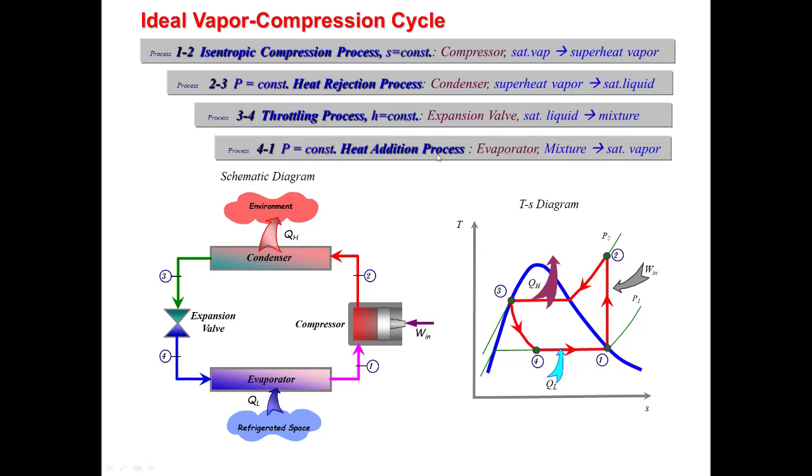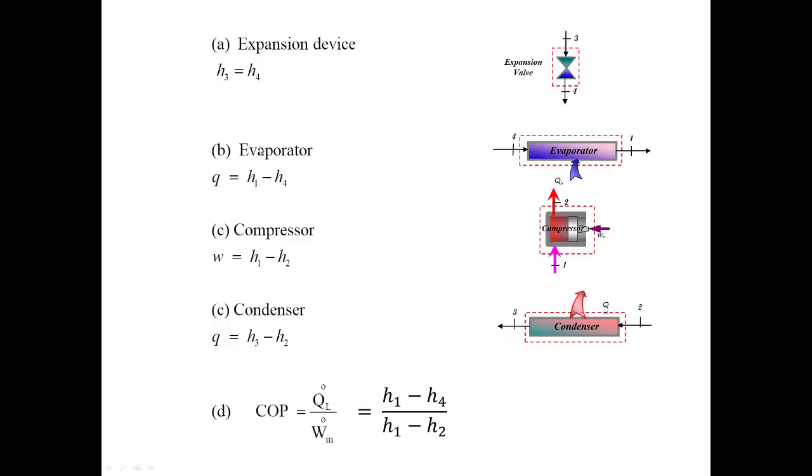Now if we want to see the performance of this ideal vapor compression cycle, let's see. The first is the expansion valve. In case of the expansion valve, H3 is equal to H4. Whereas in the evaporator, the heat is absorbed.